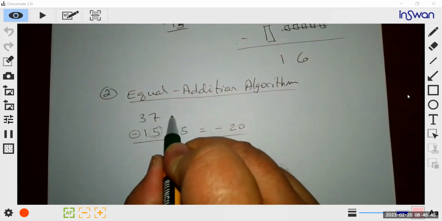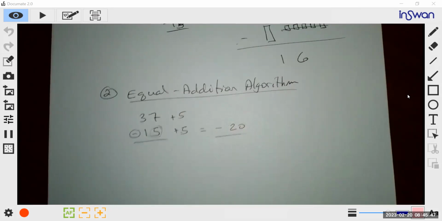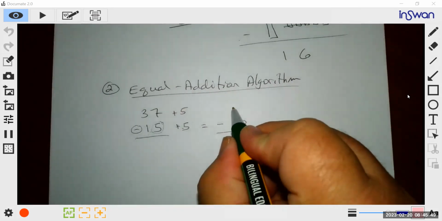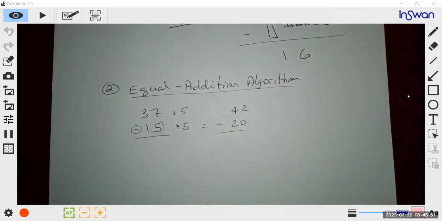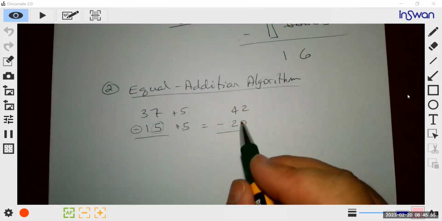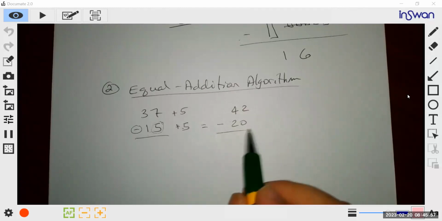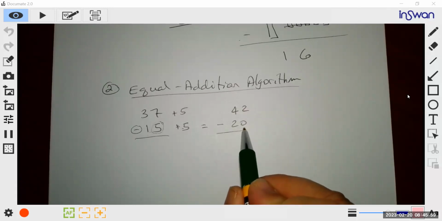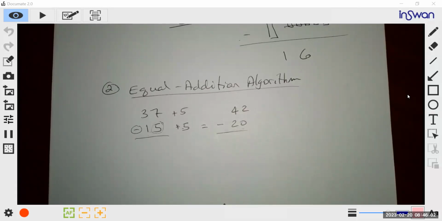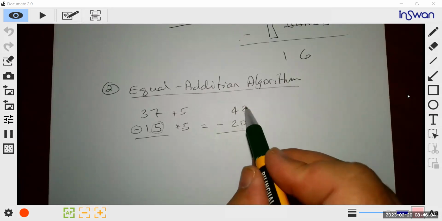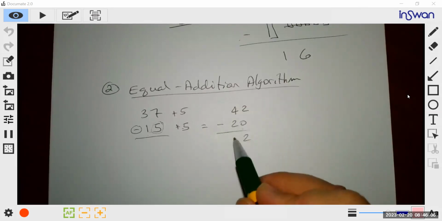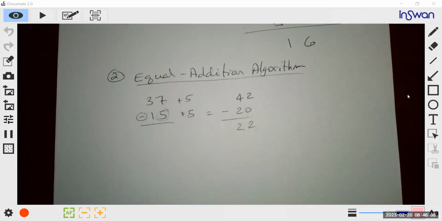Since we added 5 here, we add 5 here. So 37 plus 5 is 42. Now it's a lot easier. What you're trying to do is get the bottom number to be a zero number. So now 2 minus 0 is 2, 4 minus 2 is 2, so 22.